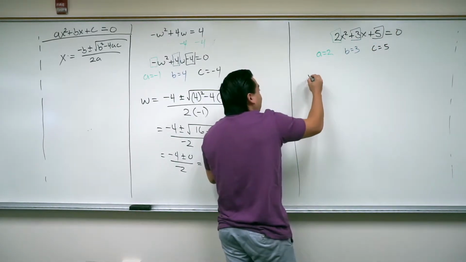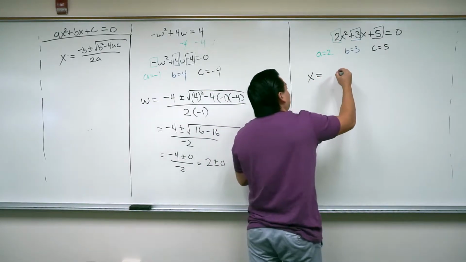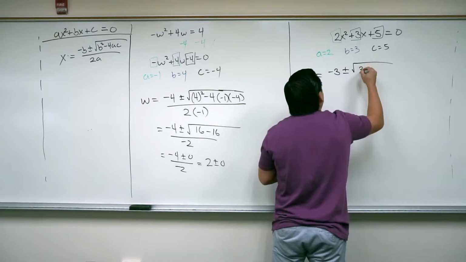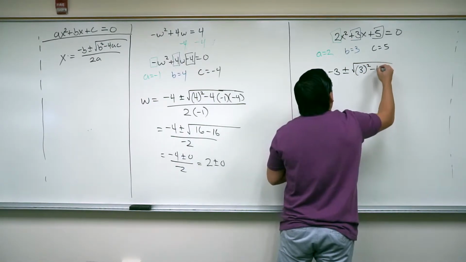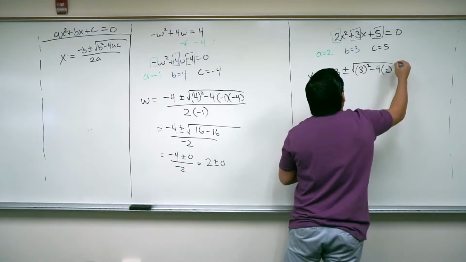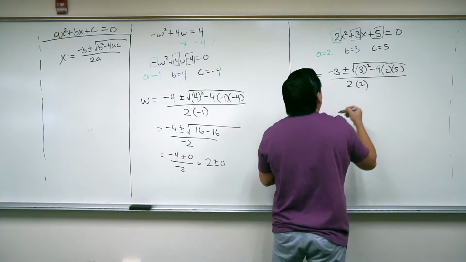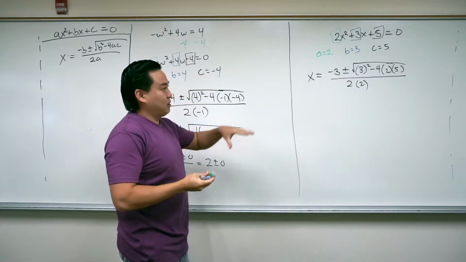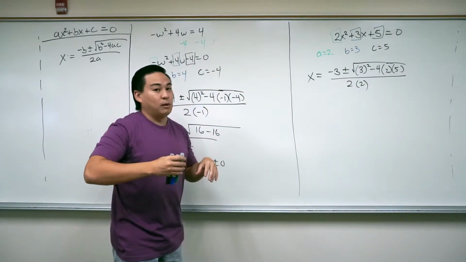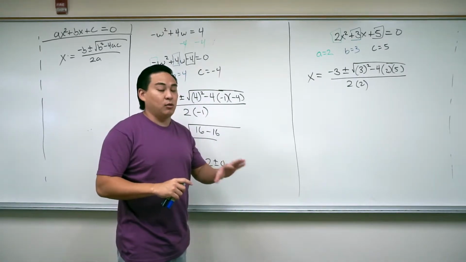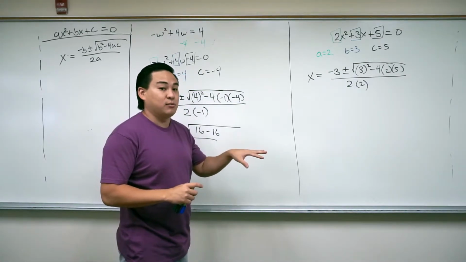So the input x is equal to negative b, plus or minus the square root of b squared minus 4ac, divided by 2a. Now some of you may be wondering why I put all these parentheses. Remember, when you plug in for something, you want to replace it with parentheses and then write whatever you need inside of the parentheses.